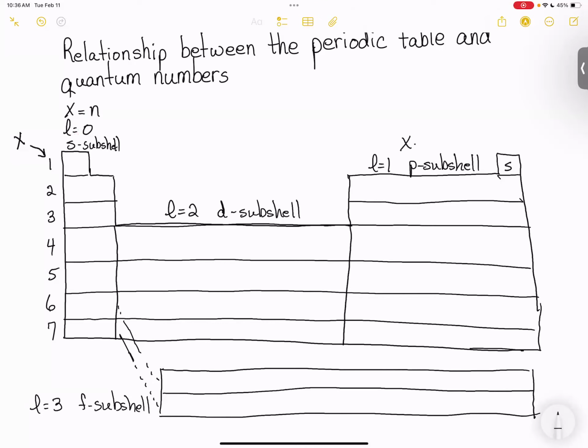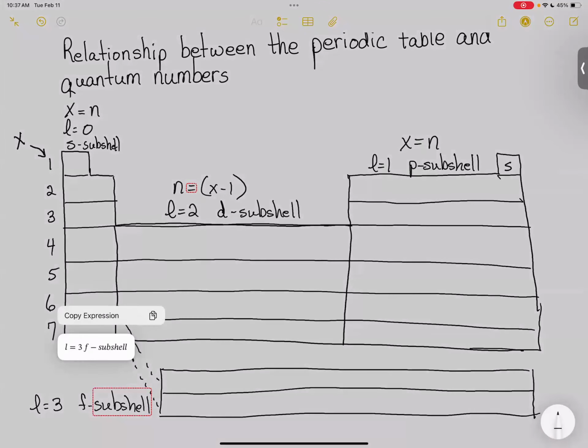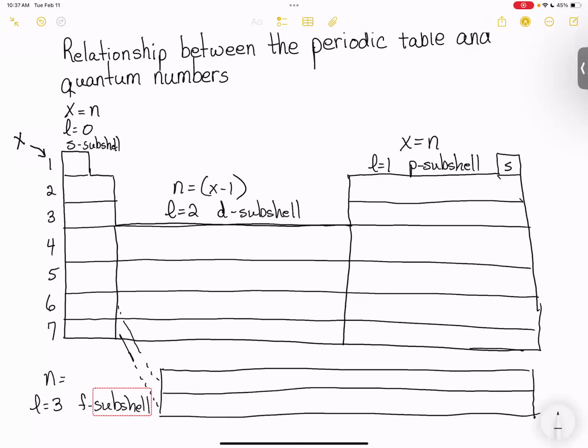For the P subshell, X also equals N, meaning for the P subshell, the principal quantum number is equal to the period number. Now for the D subshell though, N is going to equal X minus 1, meaning that the principal quantum number is going to be 1 less than the period number. And for the F subshell, N is going to equal X minus 2.